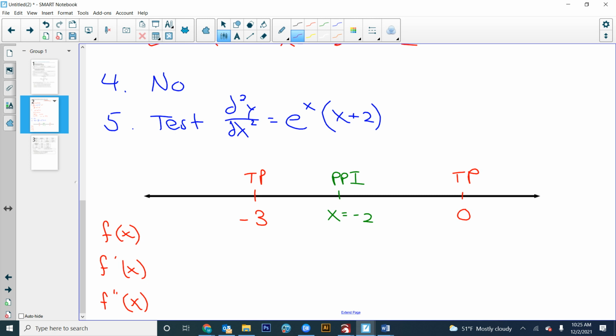All right, let's plug it in. E to the x is always positive, so I'm only going to test it inside of here. What's -3 plus 2? Negative times a positive, negative. Plug in 0, positive. Second derivative is positive. And honestly, because of the question, I could stop at that point.